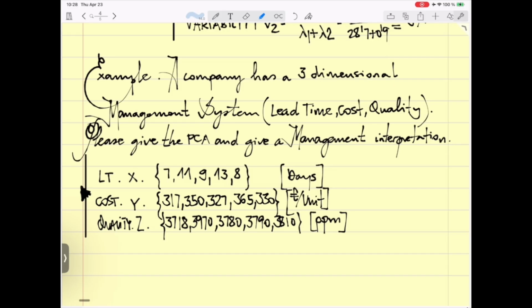The covariance doesn't make any sense because the distance of 2 units in the lead time has not the same meaning as the distance of 2 units in the quality. Okay? So what we need to do is normalize. Perform normalization to make the data set homogeneous.